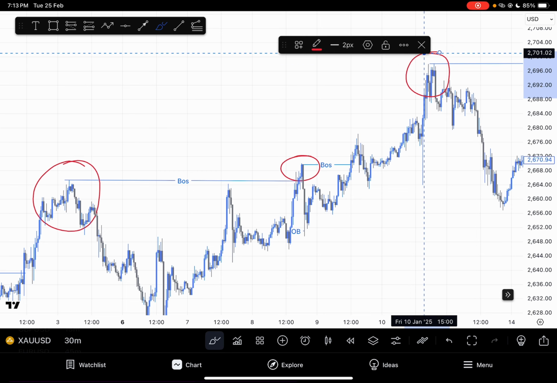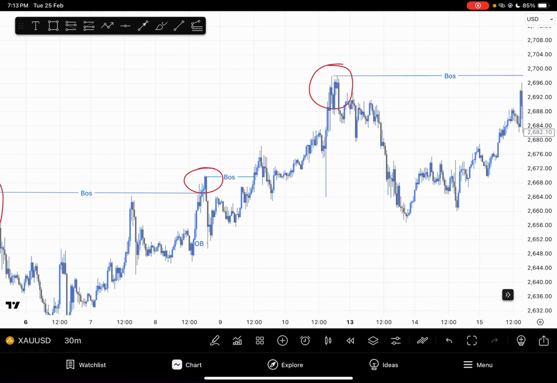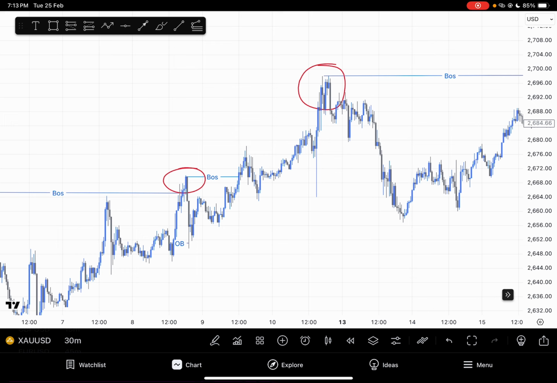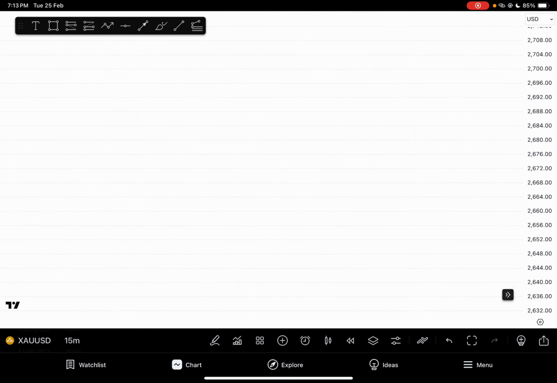So on this point here, which price broke above that previous high, if you should go to a lower time frame, let's go to the 15-minute time frame, for example.